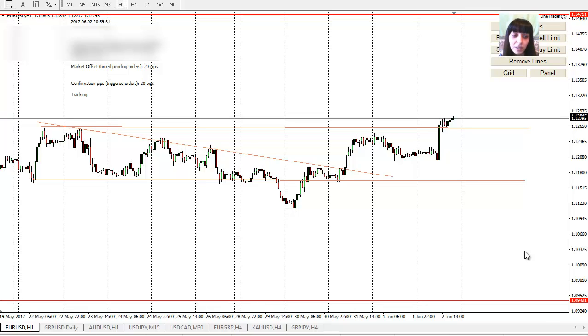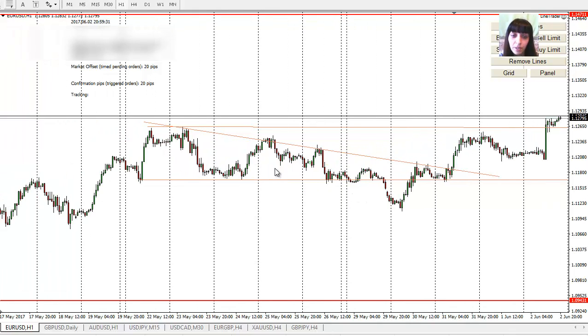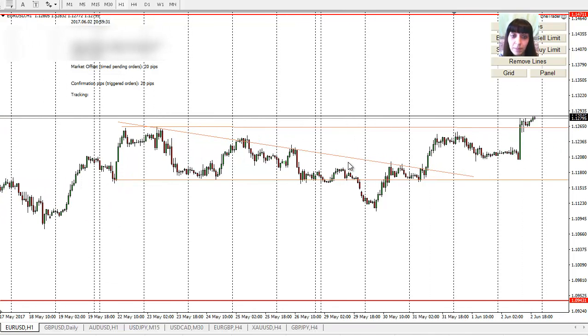So let's have a look at what happened this week, and what I will be trying to do this coming week. This is the week we had, and remember from the previous week we had this strong level where I said I would be placing my pending order to sell, and that's exactly what I did.